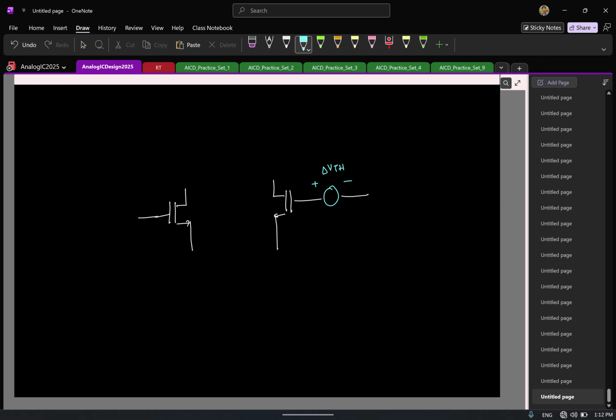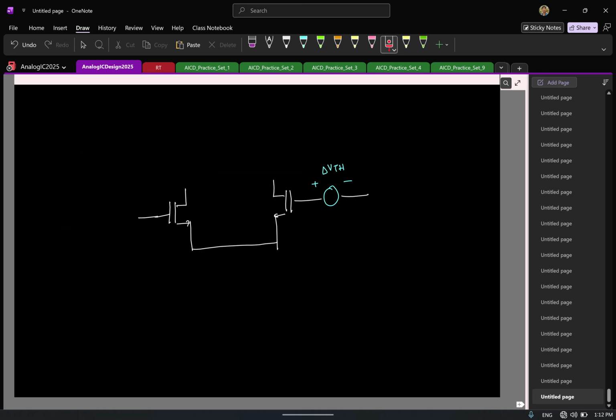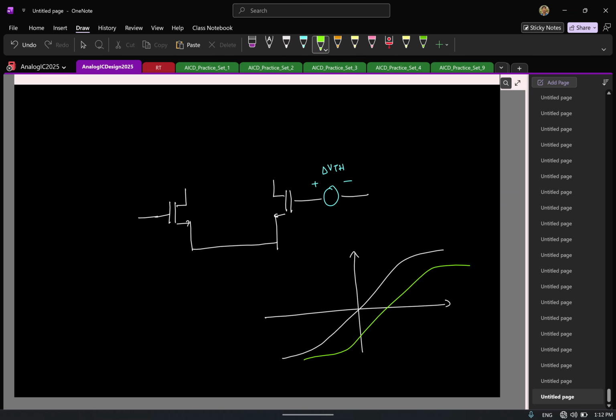Right? That's all. So which means even if you take your 5 transistor OTA, ideally assume that these two are matched and these two are matched. Because of mismatches in these transistors, threshold voltage mismatches, you will have offset in the circuit. This is something we saw in the last class. So ideally your characteristic should look like this, but because of threshold voltage mismatches or any mismatch, you will have a shifted characteristic.